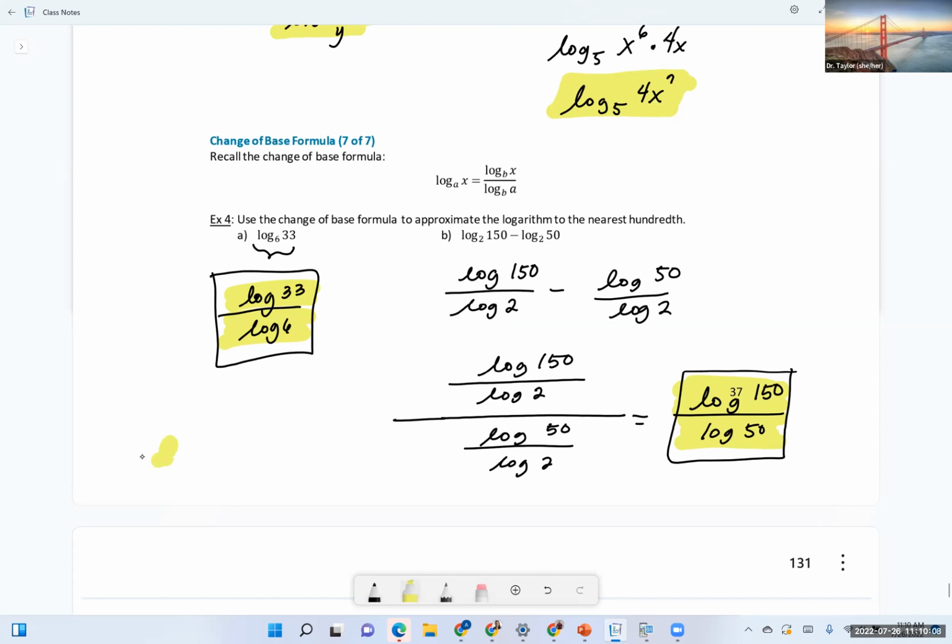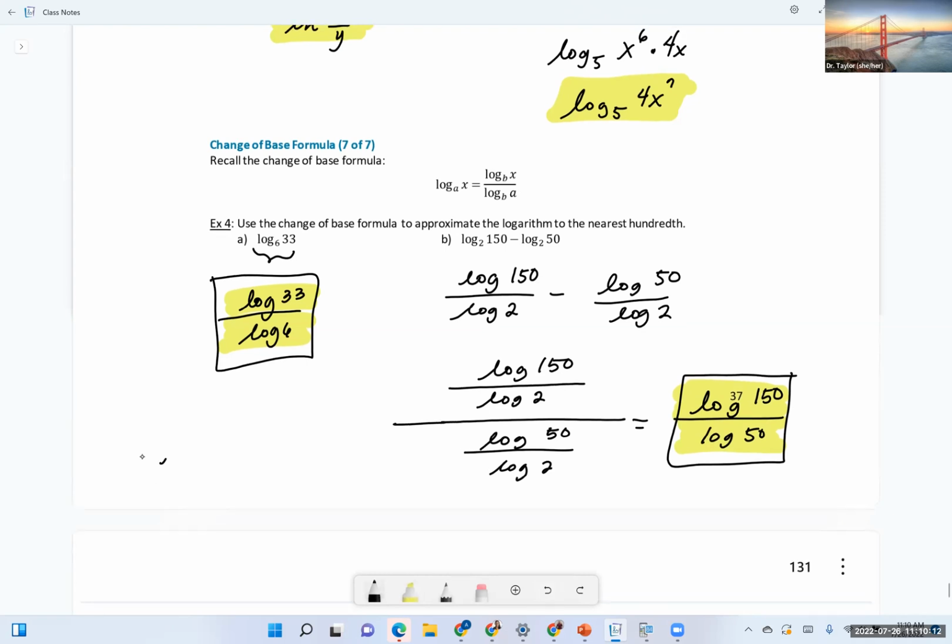And you know when you divide fractions, so I'm gonna just do this as an aside to people that don't understand how you can just disregard the denominators. You have log 150 over log base 2, and that's divided by log 50 over log base 2. Well, when you're dividing fractions, that really means multiplying by the reciprocal.